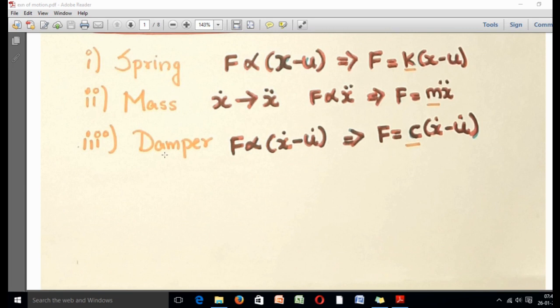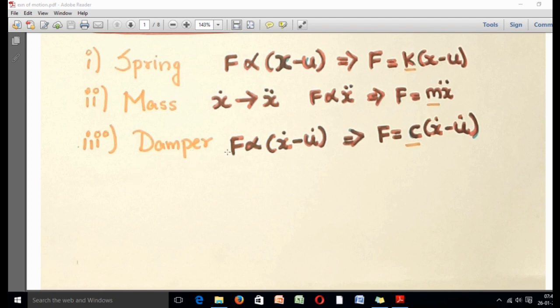Then for the damper, the applied force is proportional to the relative velocity of its connection points. Let's say there are two velocities for a system. The relative velocity becomes x dot minus u dot. So the force acting is proportional to the relative velocity, and when I remove the proportionality, it becomes F = C(x dot - u dot), where C is the proportionality constant, which is the damping coefficient.